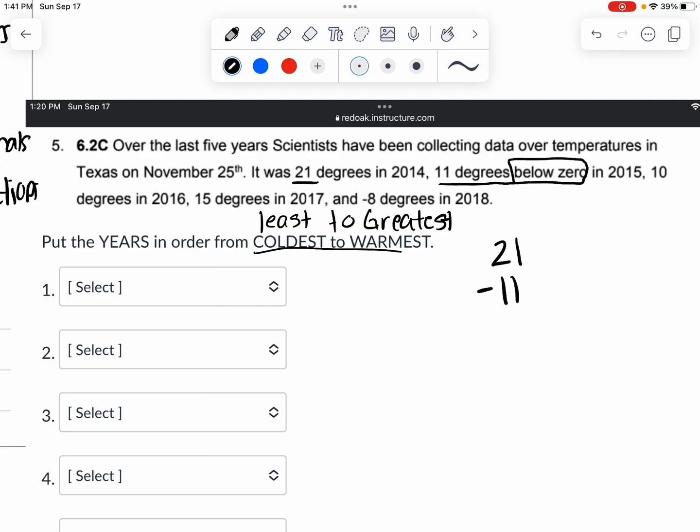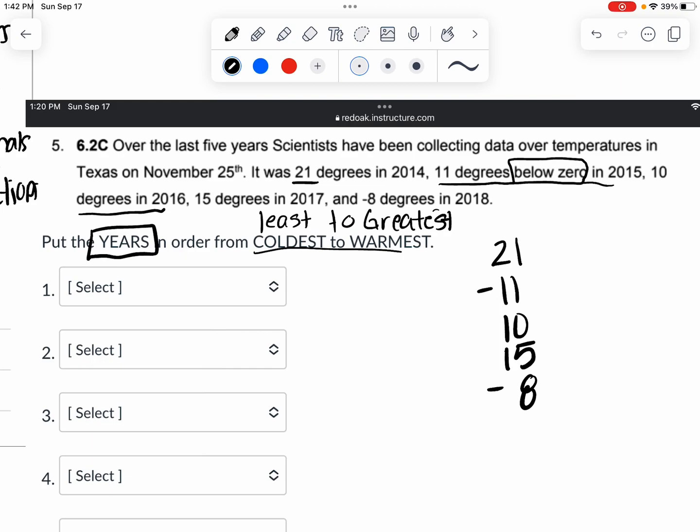In 2015, it was 10 degrees. I mean, that was in 2015, but 10 degrees in 2016. So that's a positive 10. 15 degrees in 2017. So 15 degrees. And negative 8 degrees in 2018. Put the years in order from coldest to warmest.